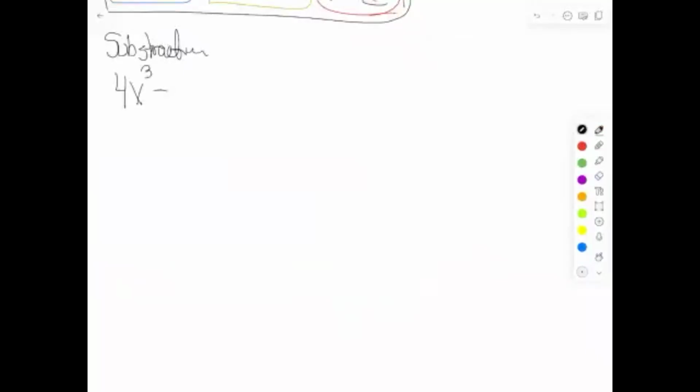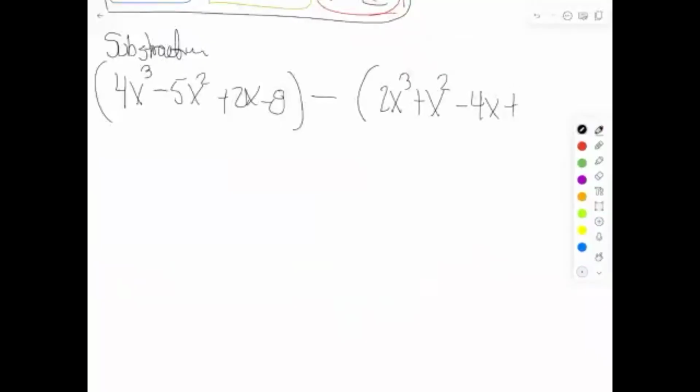4x to the third minus 5x squared plus 2x minus 8, parentheses, minus, parentheses, 2x to the third plus x squared minus 4x plus 3, parentheses. Okay, ladies and gentlemen, I'm going to the mall. What is the first thing I'm doing?